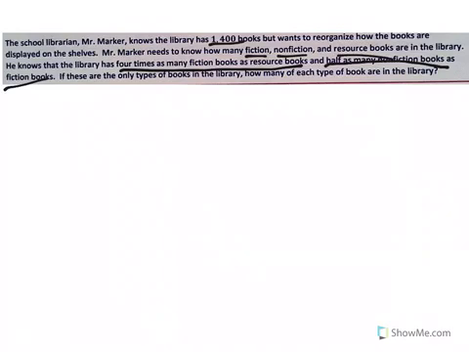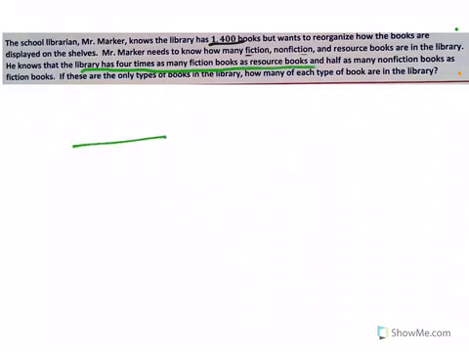Okay, so I'm going to create some tape diagrams here, but the first thing I want to do is start with just what do I know? So I'm going to erase a little bit just so we can read it a little easier. Okay, so we know the library has 4 times as many fiction books as resource books.